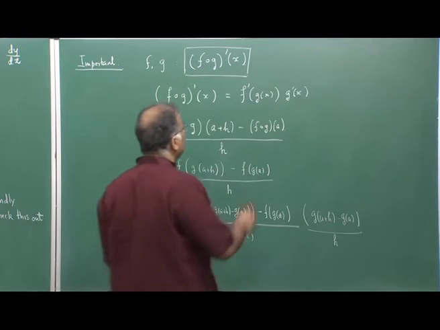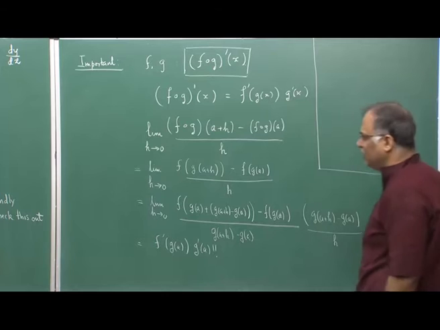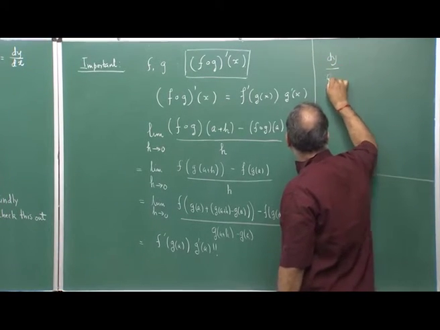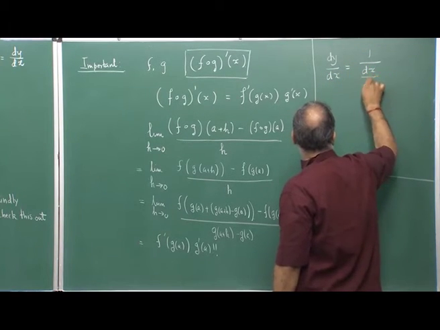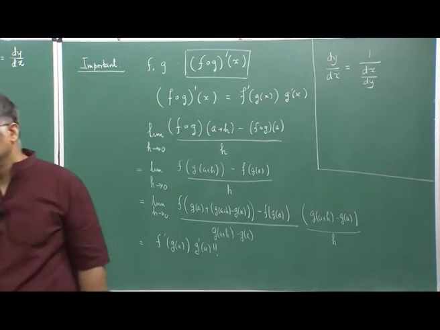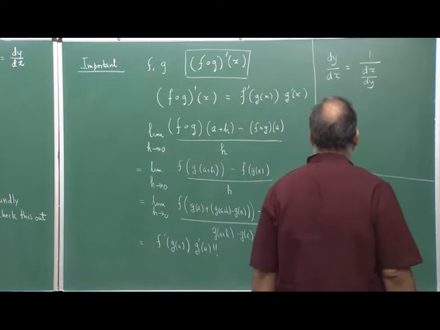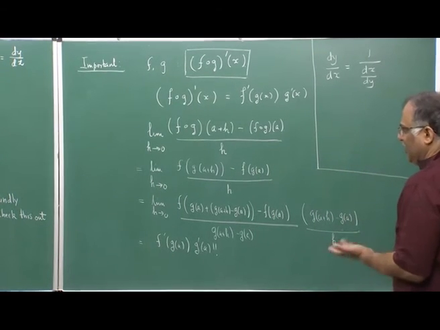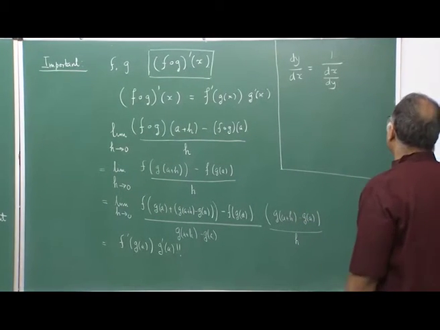One thing which I have seen students often do, it does not matter where you are a student, is that it is usually assumed that dy/dx is 1 by dx/dy, as if it is just like a fraction. But it is not a fraction essentially, it is an operator.